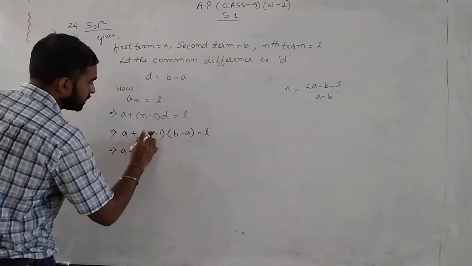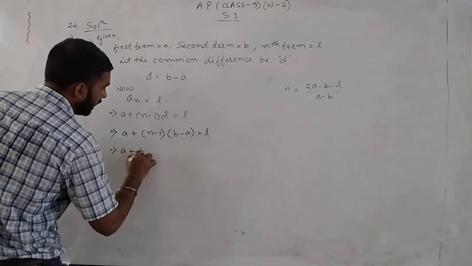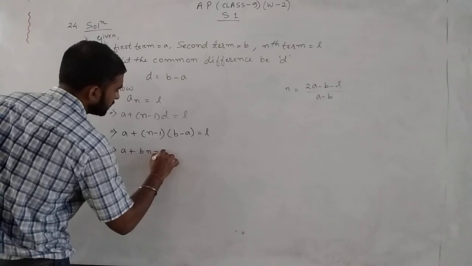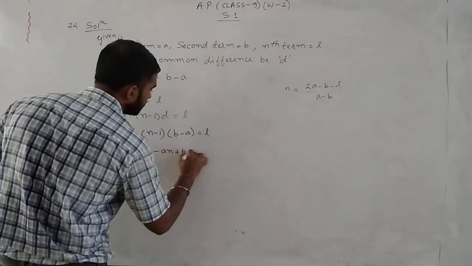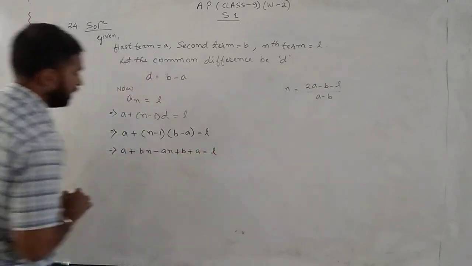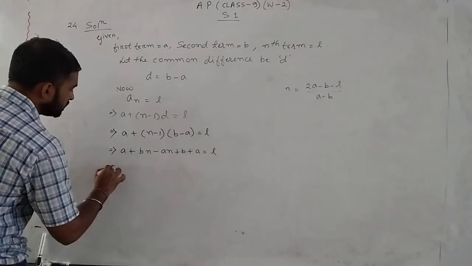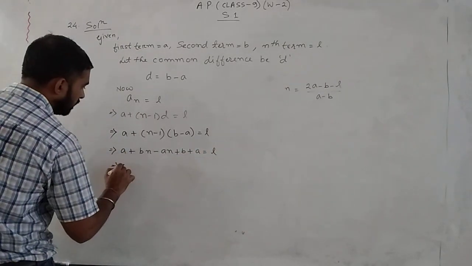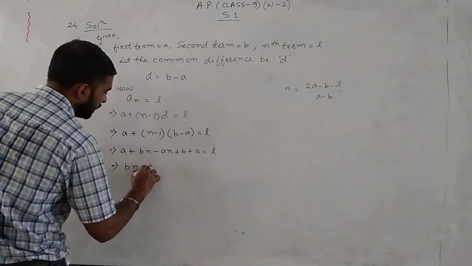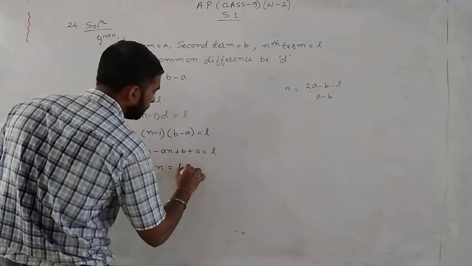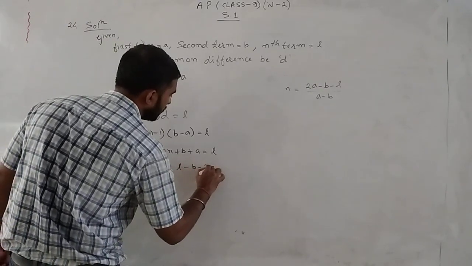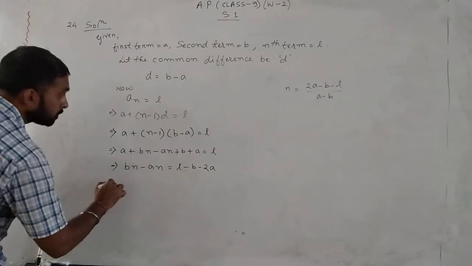A plus Bn minus An minus B plus A equals L, which implies Bn minus An equals L minus B minus twice A.